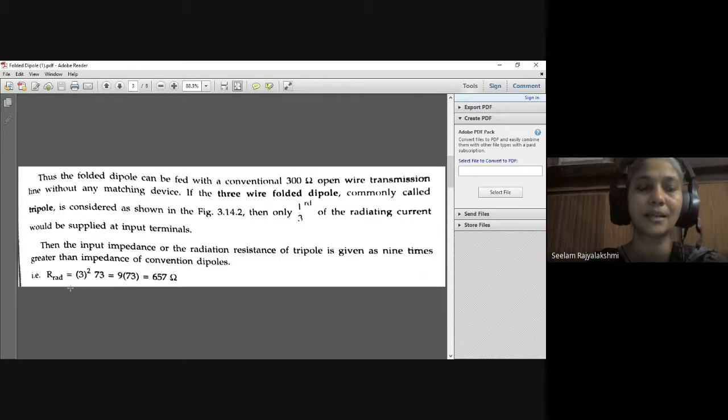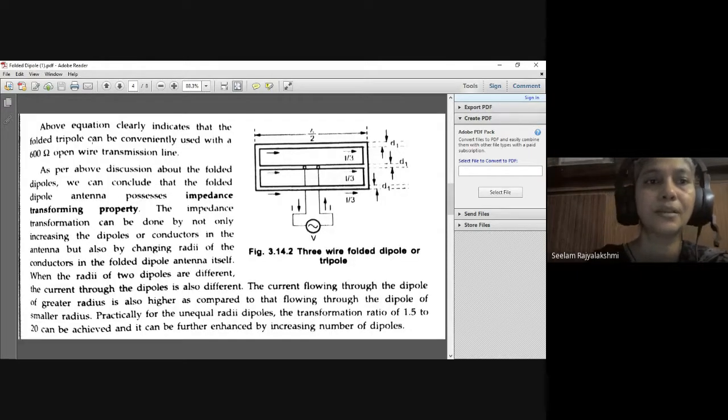That means R_rad equals, here we have considered three half-wave dipoles, so 3 squared into 73 ohms for the half-wave dipole, which equals 9 into 73, which equals 657 ohms.